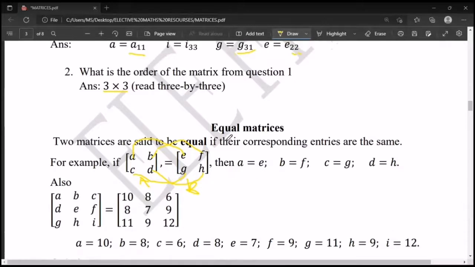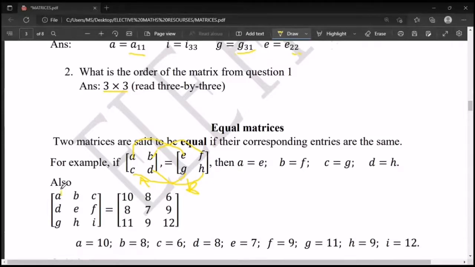With the corresponding elements or equal matrices, this will help us in solving for addition of matrices and subtraction of matrices by comparing their corresponding entries. All right, let's take another example. This is 3 by 3 matrices. Let's compare their corresponding entries.